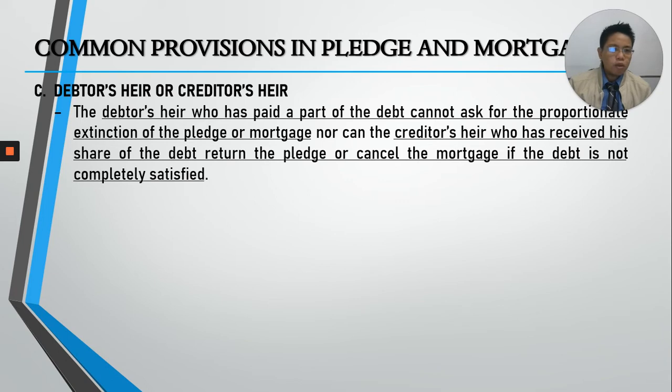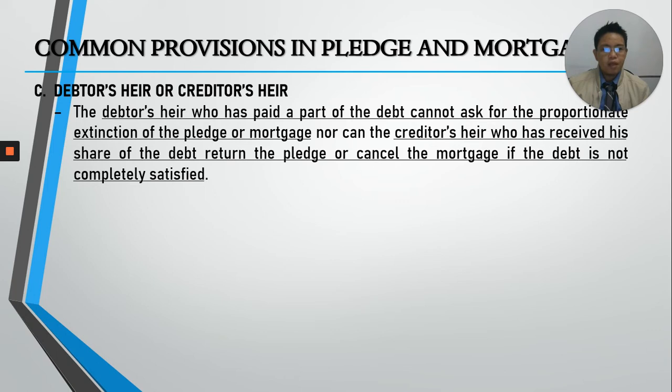So again, debtor may utang kay creditor. Ang utang ni debtor is 1 million secured by a mortgage over a parcel of land with an area of 200 square meters. Nung namatay si creditor, syempre may dalawa siyang tagapagmana. So tigkalahati sila, di ba? So anyway, itong si debtor pays creditor's heir number 1, 500,000 pesos.